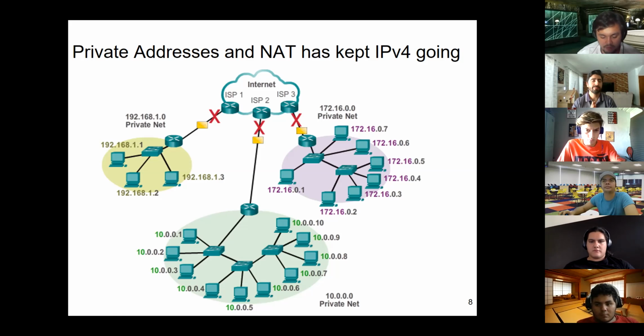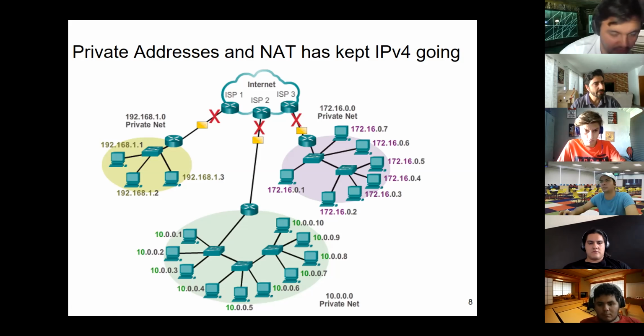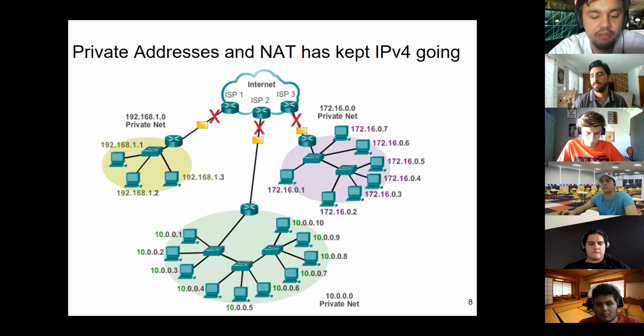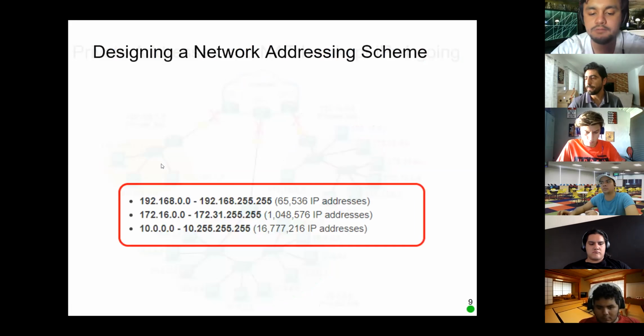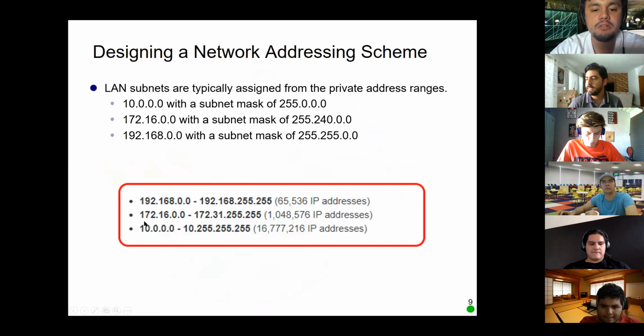That public IP address is basically the IP address that is in my router. All the other devices are using private addresses. There are certain ranges for private addresses: 192.168.0.0, which gives you 65,000 IP addresses, or this range with 1 million IP addresses, or this one with 60 million IP addresses.